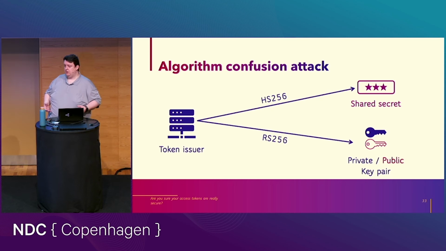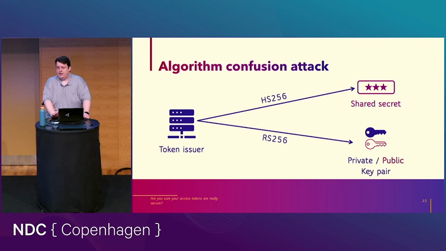Typically, if you still use this, that shared secret is going to be in a key vault or in some other very protective store so that you can update it safely and rotate it at the same time.